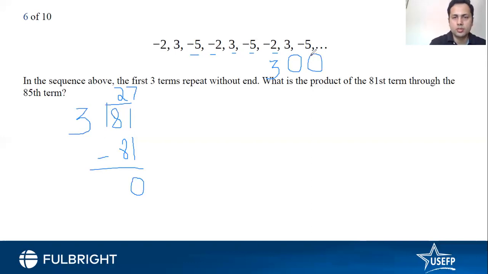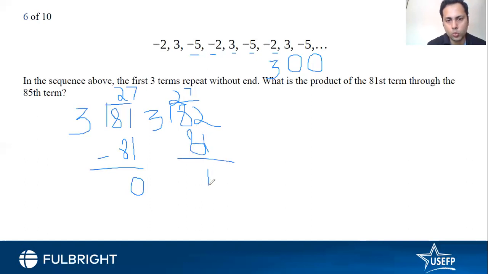Let's suppose they would have asked us to take the product of the 82nd to 85th term. Then again, we would have done it like this: the 82nd term, the term we need to get to, divided by the pattern which is repeating. Again, 27 would have come here, 81, and the remainder is 1.